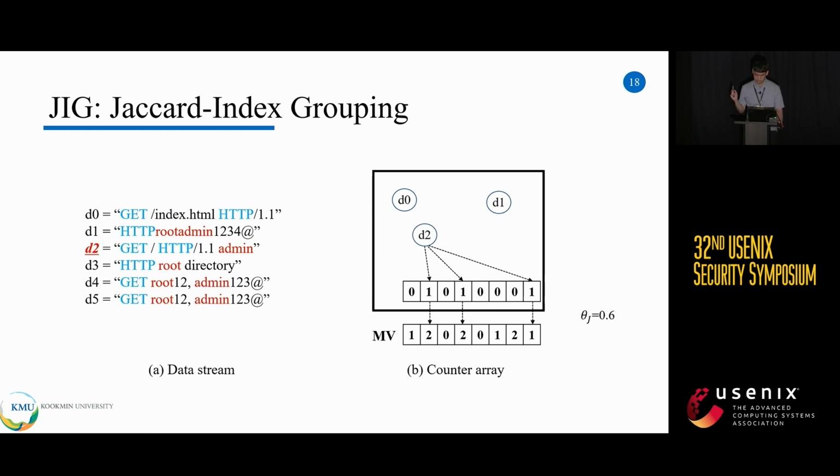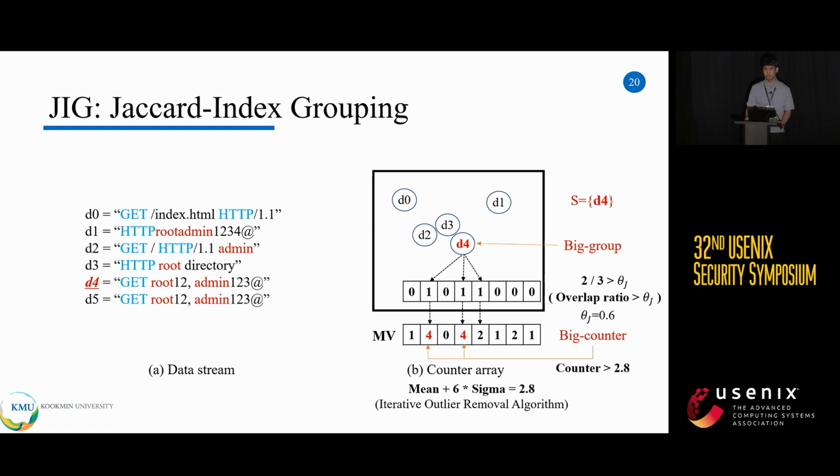D2 and D3 are also provided. And when D4 comes, we can find that some counters become significantly greater than the others in MV. We call these counters big counters. In this slide, the criterion to become a big counter is mean plus 6 times sigma.